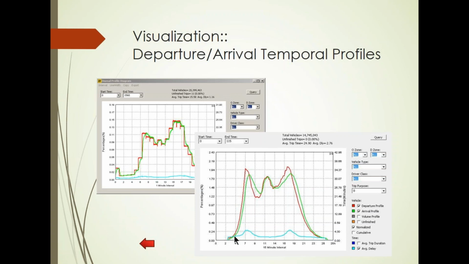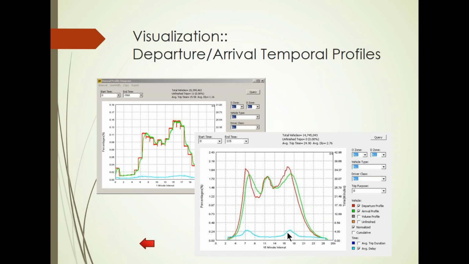This is how vehicles are departing by the hour. Then the arrival profile shows vehicles arriving by the hour, and there's a shift. Usually the shift stands for the amount of time they stay in the system. Here, for example, there's a large shift. Some people departing here don't really arrive until a later time. This is usually because of larger delay and congestion in the system.